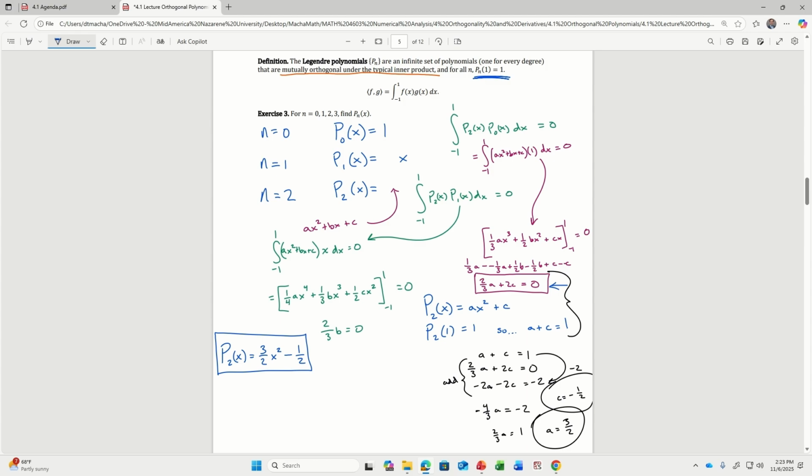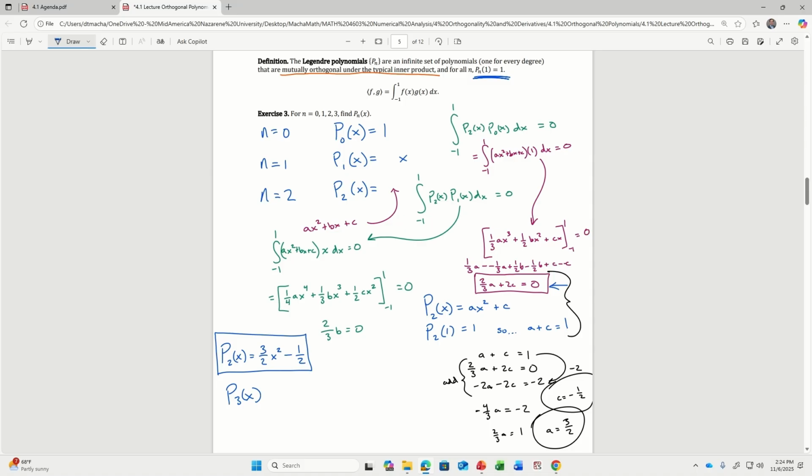The next thing I'm going to do is find the Legendre polynomial of degree 3, and there's going to be 4 little hints that I can use to figure this out. Number 1, if I take the inner product between the polynomial of degree 3 and the polynomial of degree 0, that inner product has to be 0, because they have to be orthogonal. If I take the inner product between the Legendre polynomial of degree 3 and degree 1, that inner product has to be 0.